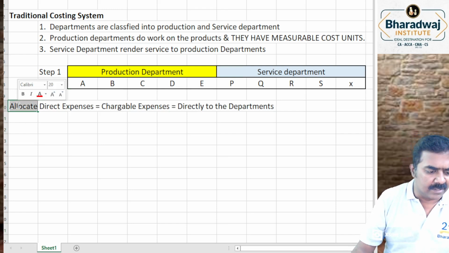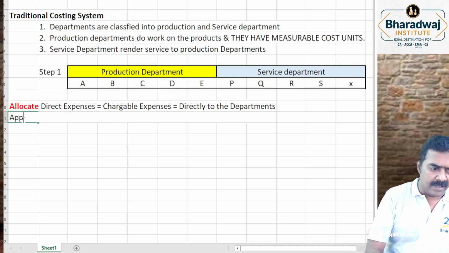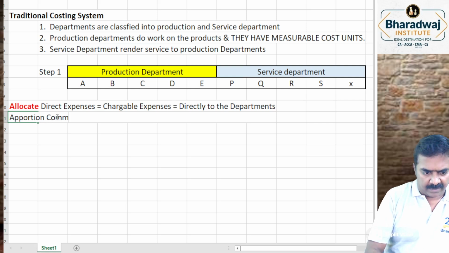Please remember, what is the word that is used for direct expenses? Allocate. Then we apportion. What do you mean by apportion? Share.